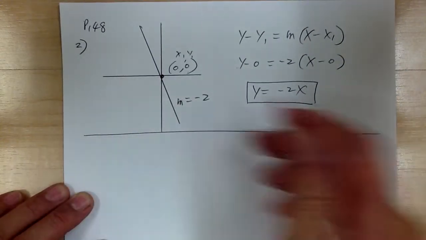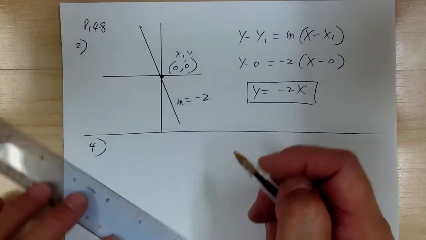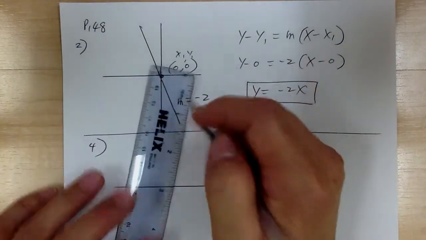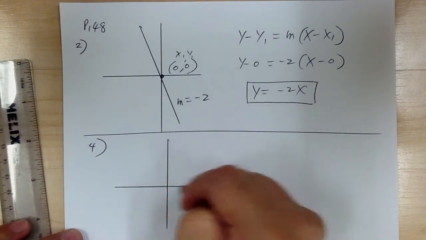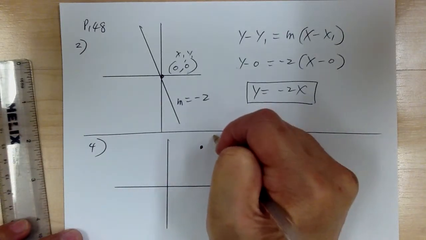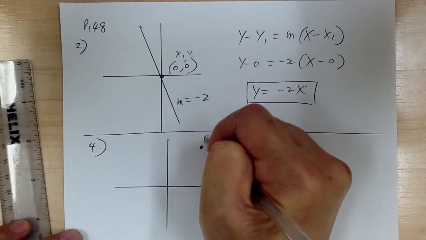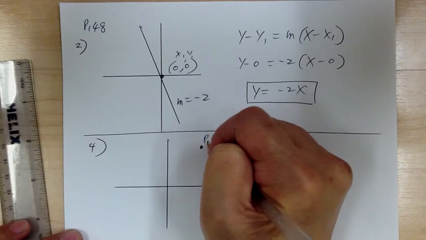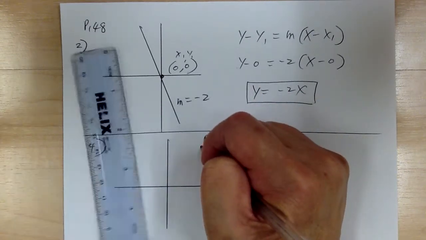Okay, let's go to number 4. Here the line passes through 5, 7. You don't even have to make the hash mark, just estimate. So this is (5, 7), that's the point P1, and the slope is -3/2.